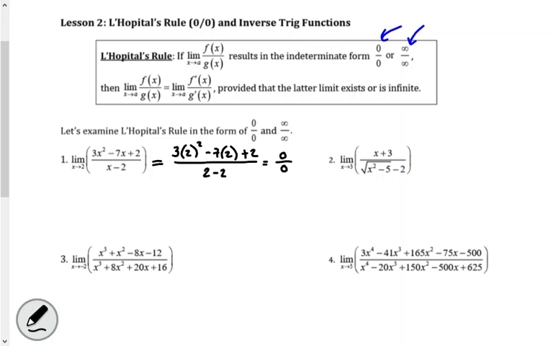It doesn't equal this. So don't write this equal sign, just off to the side. Evaluate the function at the point that you want to find the limit of. And this 0 over 0, if you're doing a proof on a free response, you want to say that this is in indeterminate form.